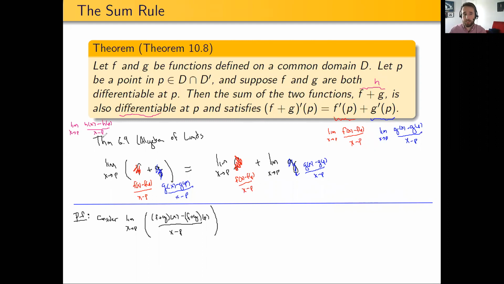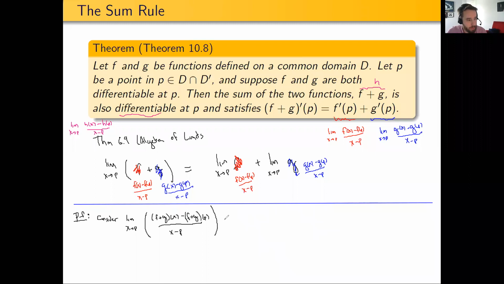So because h is just the function f plus g, this means that we are considering the limit of f plus g of x minus f plus g of p over x minus p. To proceed, we can remember that we defined f plus g of a quantity, so f plus g of x is just f of x plus g of x, and we have a similar result about f plus g of p.